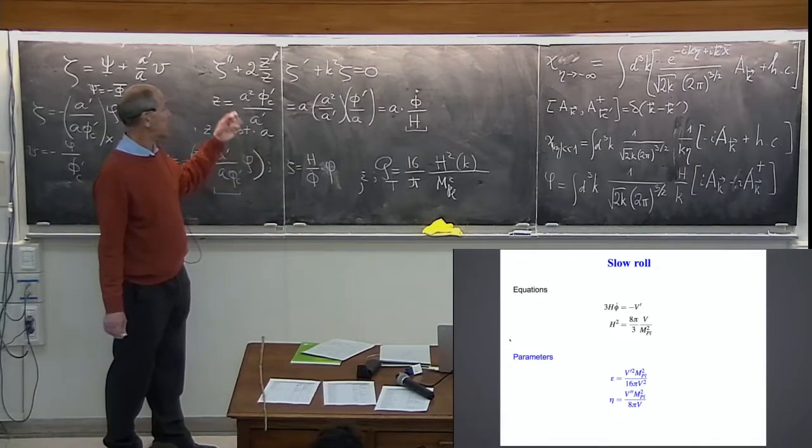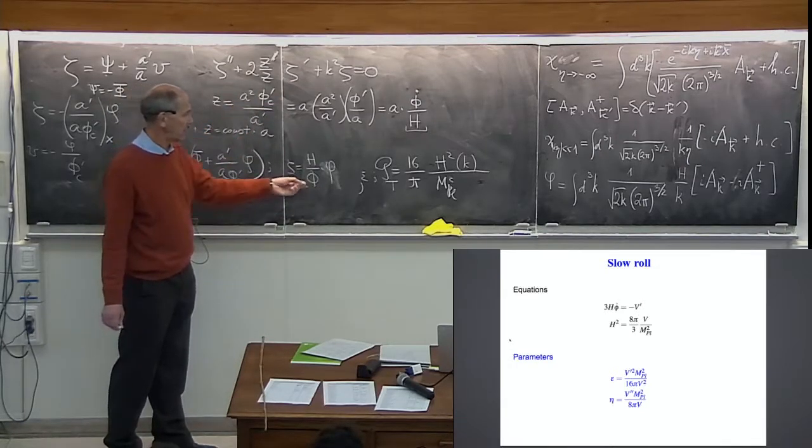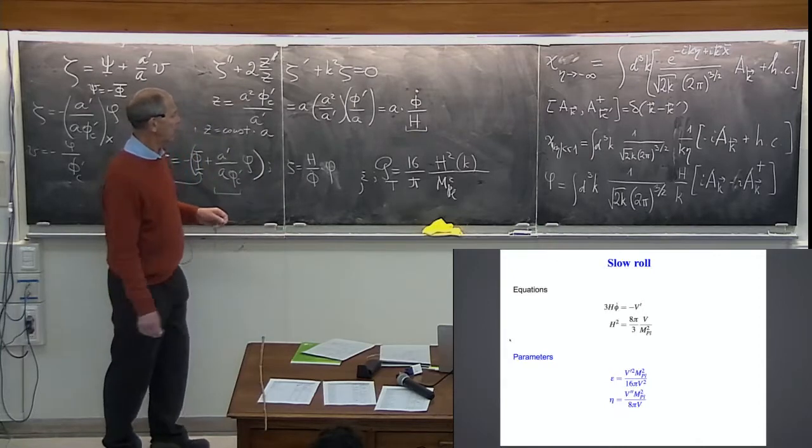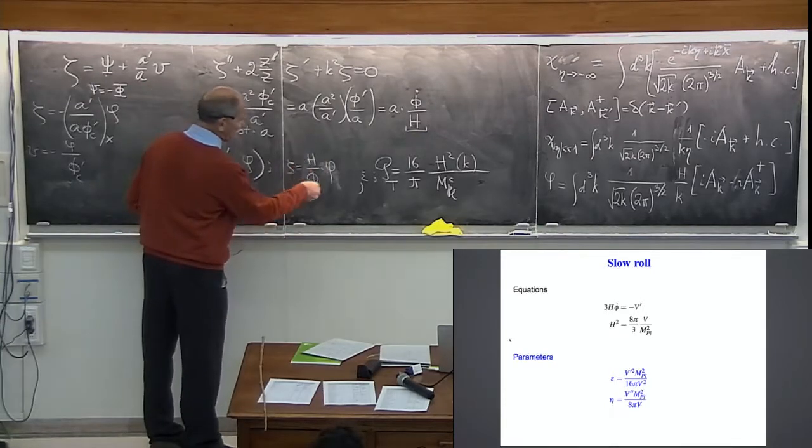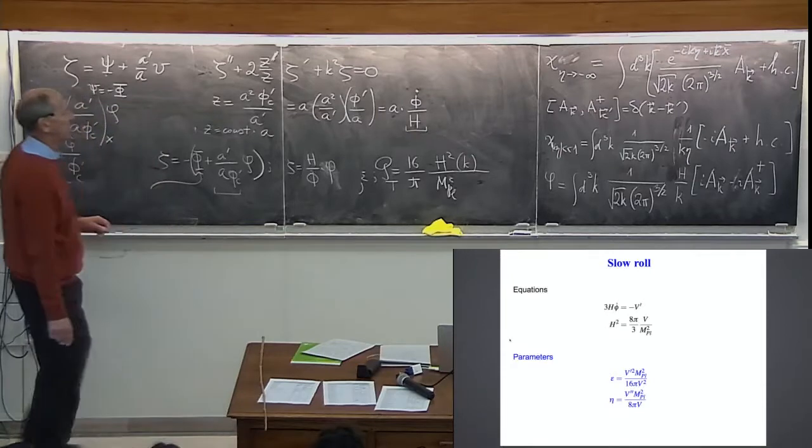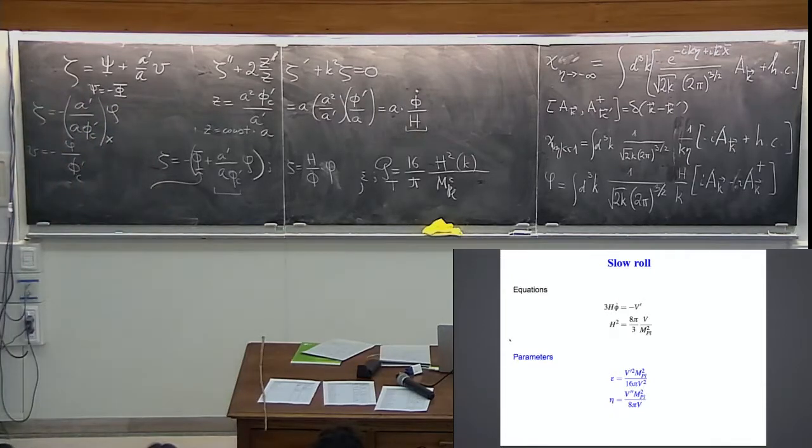At late times, this zeta freezes out. So basically, you can take this h over phi dot out of the whole expression.